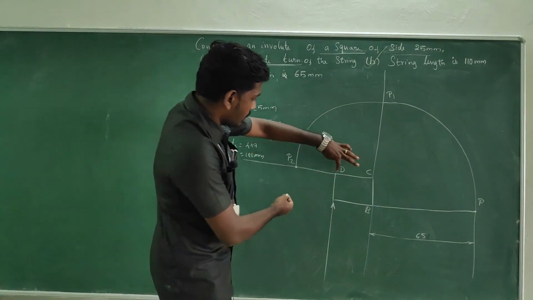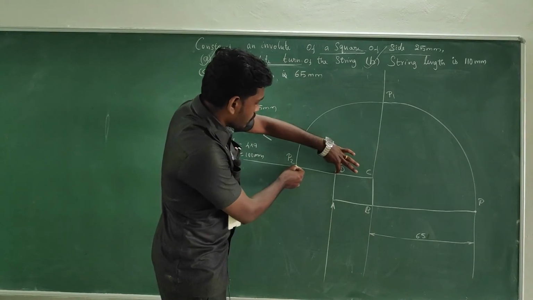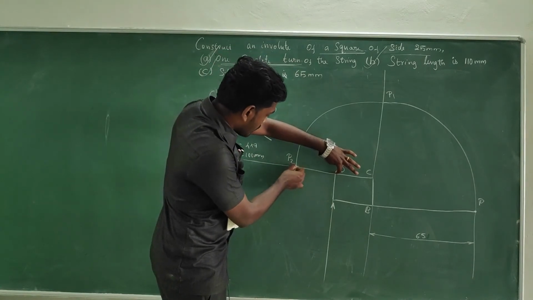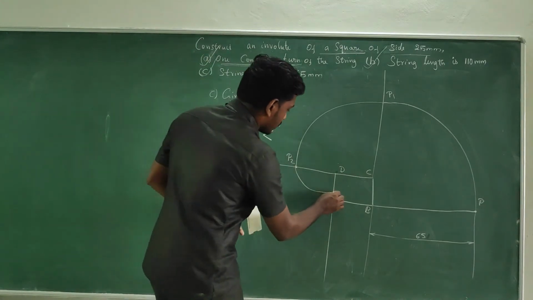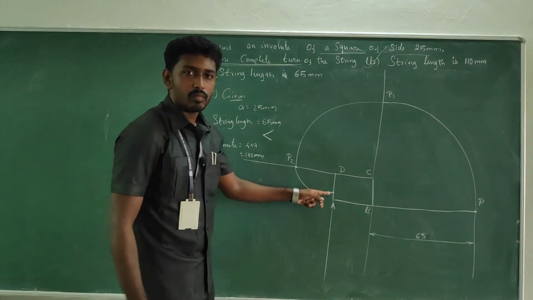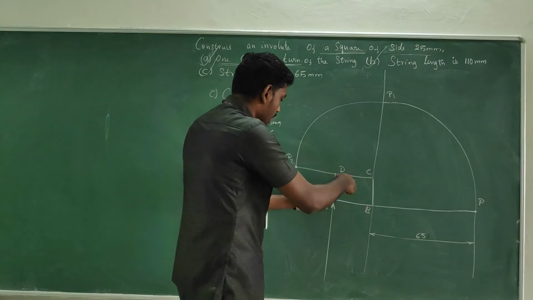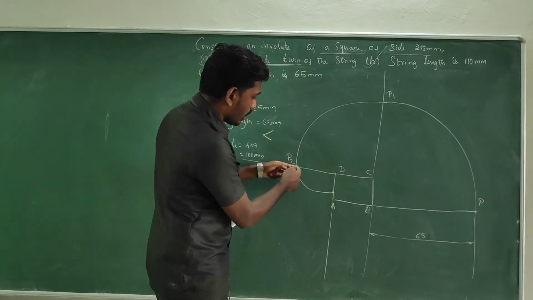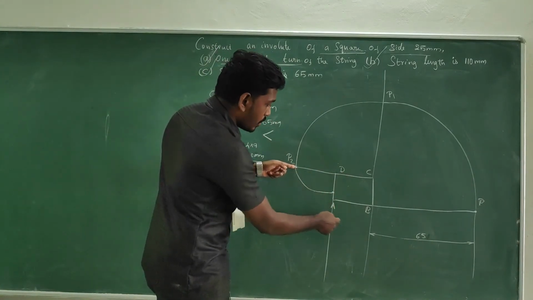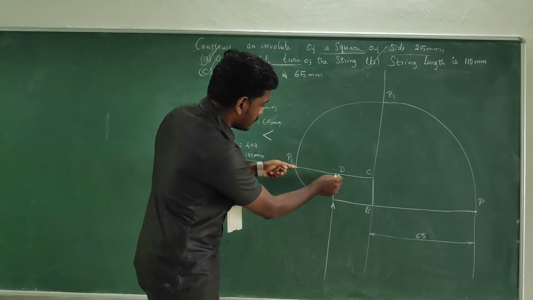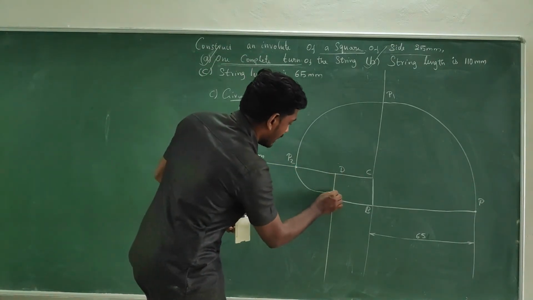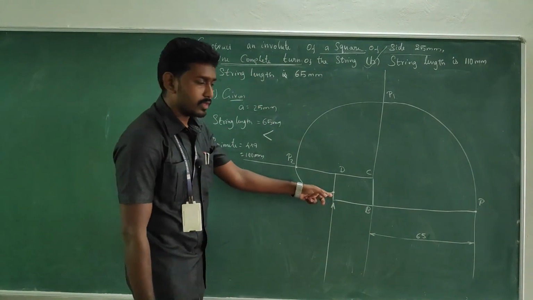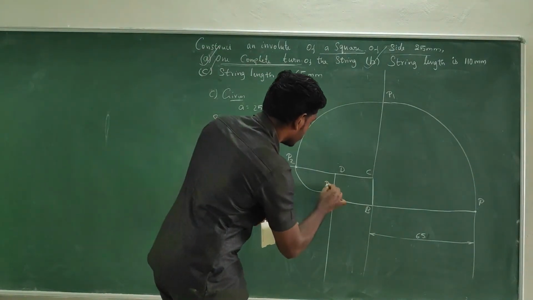Then measure D to P2 and draw an arc so that it comes like this. It won't get the full turn, but ends in between D and A, right? So this is P3.